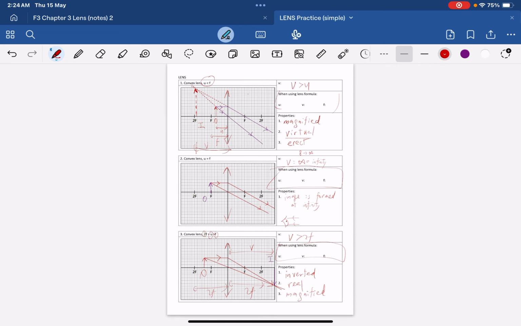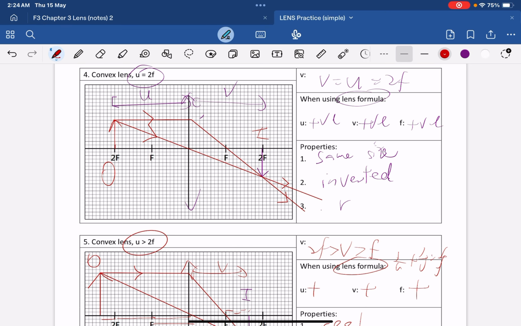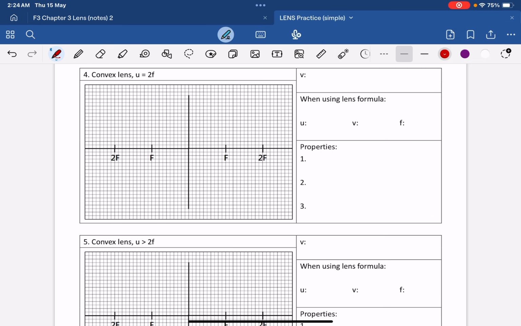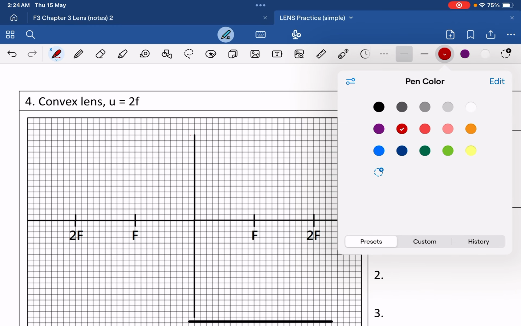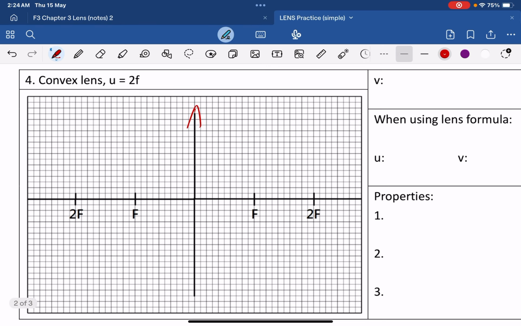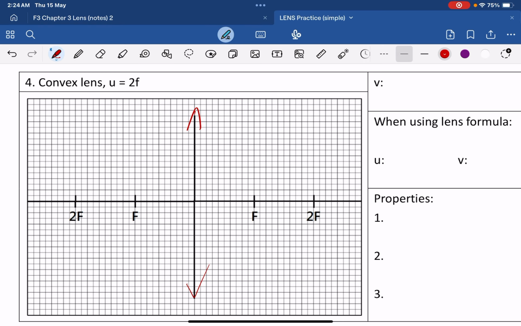Okay, so we go to the fourth case. U equal to 2f. Okay, can you try this? So U is equal to 2f, so U here.